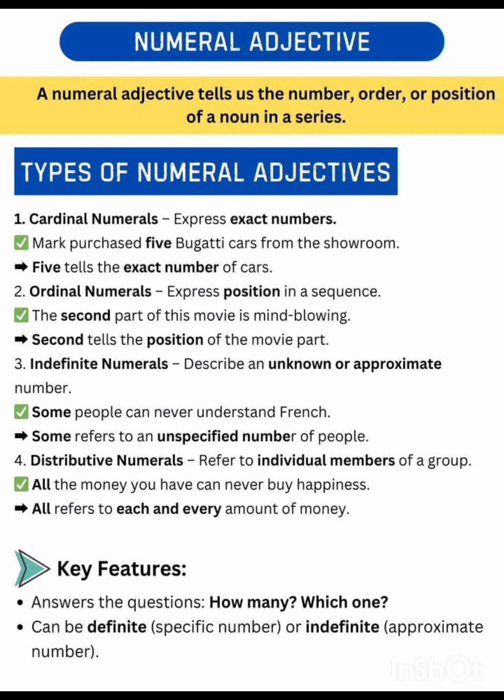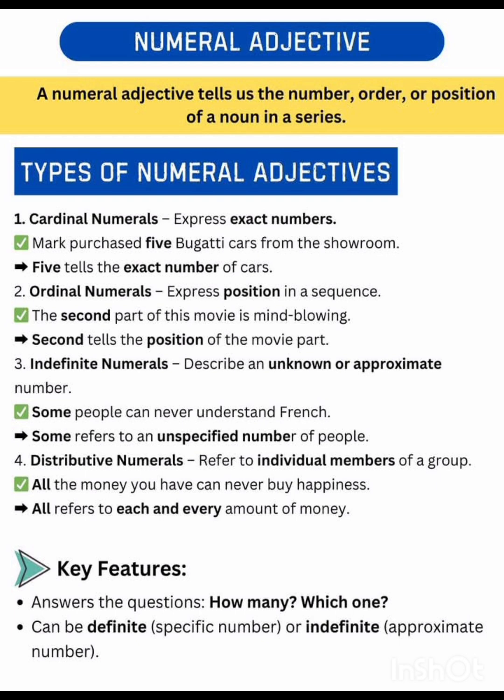Again, distributive, you say all and each and every. When you say all, we refer to every member of a group. So a group is also called a collective noun. So when we refer to every member, we will use the word all. So in this way, we have to understand that numeral adjectives talk about the number, order, or position of a noun.